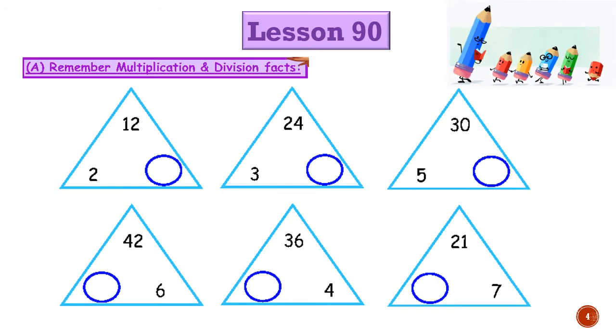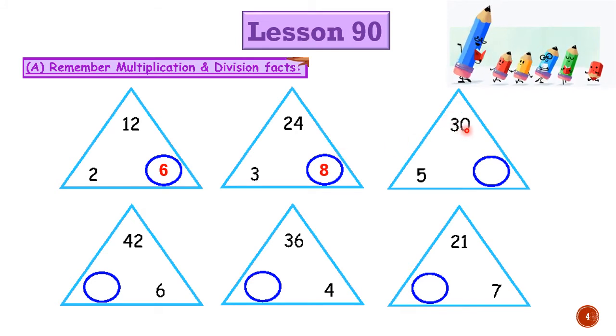Here we have our revision on multiplication and division facts. We have here in the first triangle 12, 2, and what? We see that 12 is the product of 2 by 6. 2 by 6 equals 12. And here 24, 3, and what? 24 is the product of 3 by what? Yes, by 8.